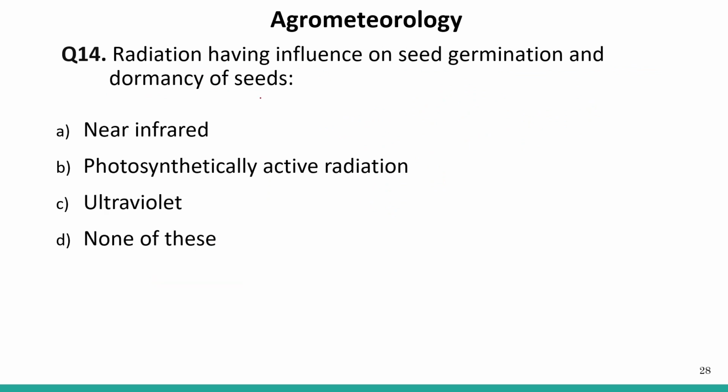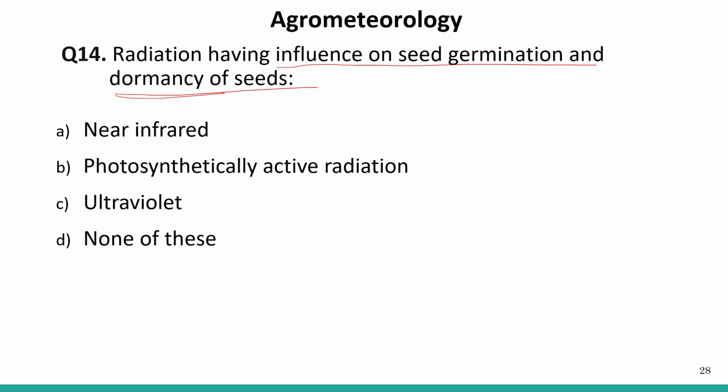Next question. Radiation having influence on the seed germination and the dormancy of the seed. So for the dormancy of the seed or the seed germination, which of the following radiation is going to influence that?